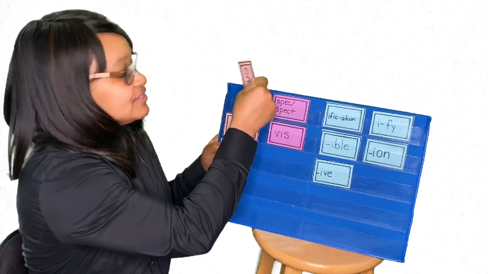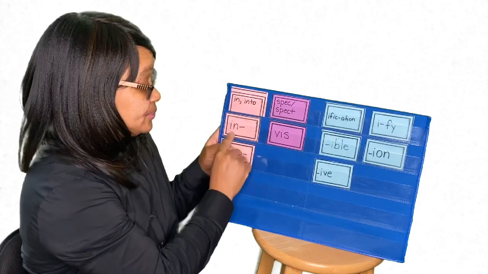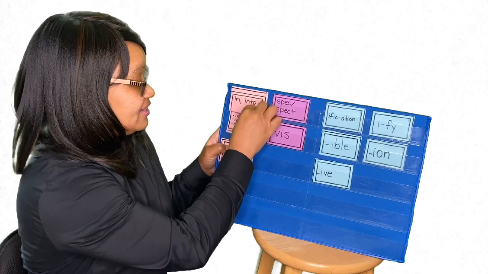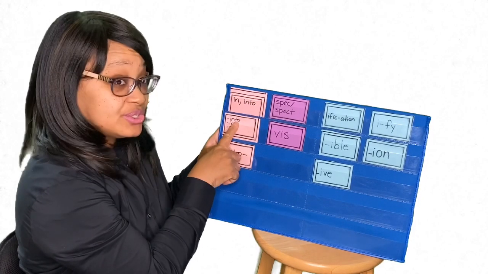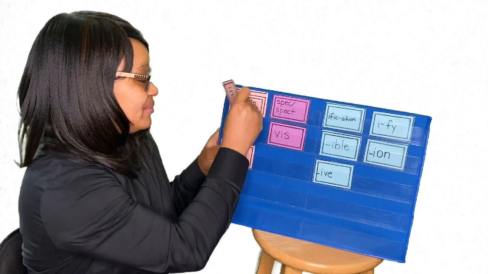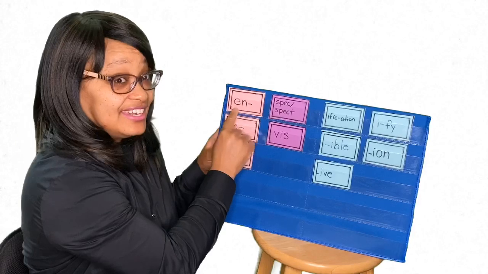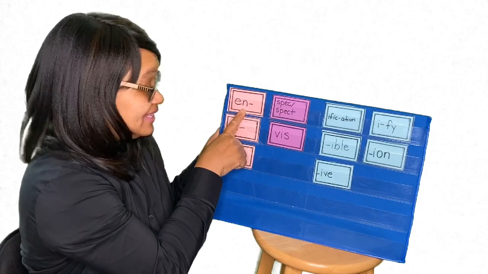Now the prefix en stands for in or into. And the prefix in also stands for in or into, but it has a third meaning of not, whereas the prefix en does not have not as one of its meanings.